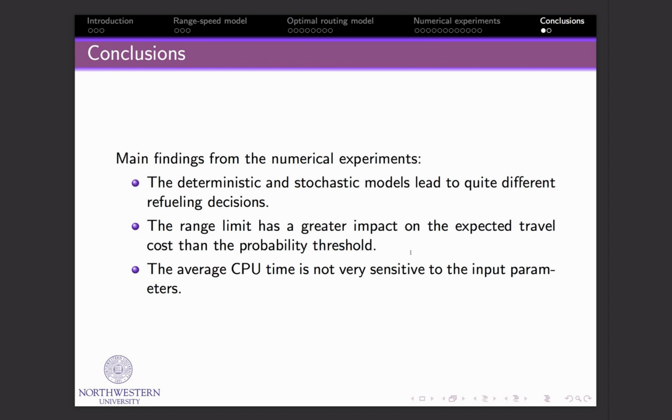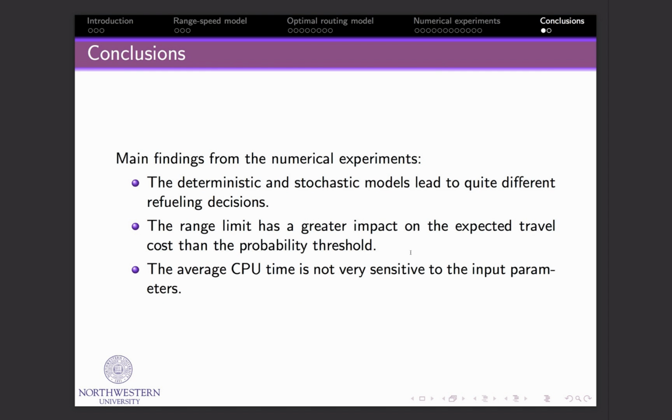Finally, we can see the CPU time and the average label size in the first stage increase almost linearly with the range limit. This is expected because more nodes and range intervals will satisfy the probability constraint with a greater range limit. Thus, more calculation is needed to finish the first stage algorithm.